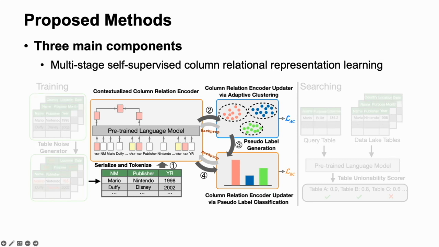The clustering and classification are performed in a bootstrap loop that iteratively improves the language model to generate a better column representation. The intuition behind this approach is that the clustering and classification can be seen as a process of identifying hidden semantic types of the column pairs. Performing such auxiliary tasks leads to a better table encoder for the table union search task.